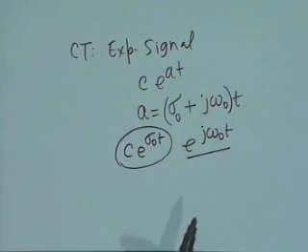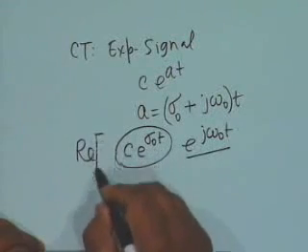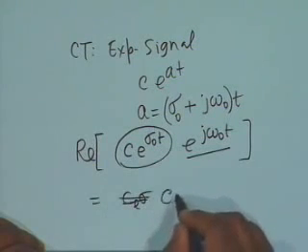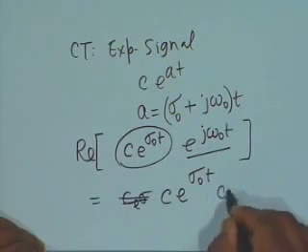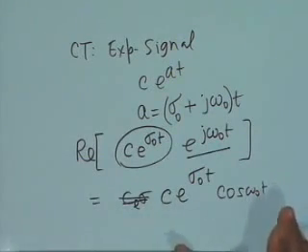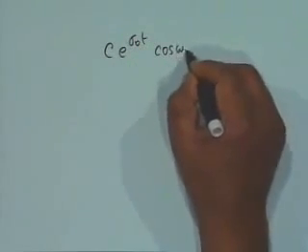And if we take the real part or the imaginary part, we can make plots. For example, the real part of this signal shall be simply c e to the power sigma 0 t cosine of omega 0 t. Now, the plot of this shall depend on the sign of sigma 0. If sigma 0 is positive, then it would be a growing sinusoid. We are considering c e to the power sigma 0 t cosine of omega 0 t.